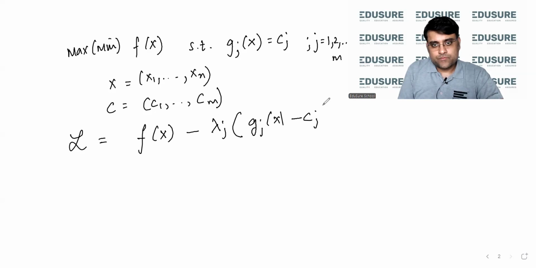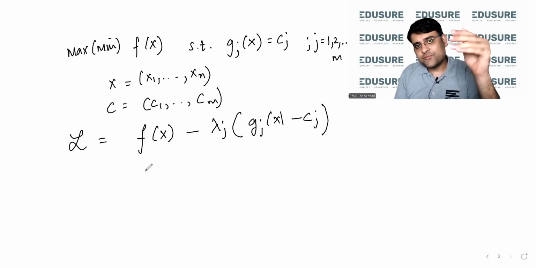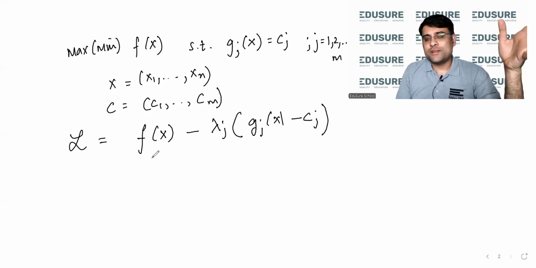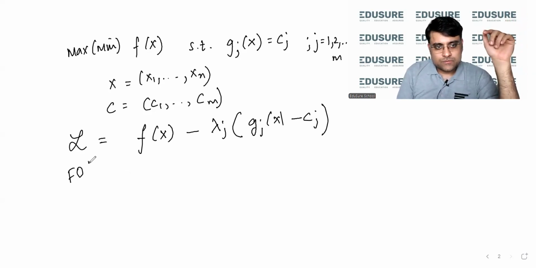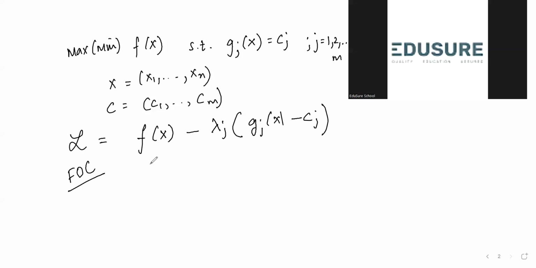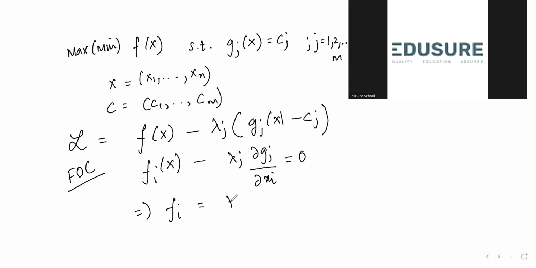(x) minus c_j. Okay. From the Lagrangian of more than two variables, we have already seen that you'll get the result from the first order conditions as, if I differentiate with respect to x_i, minus lambda j, okay, or in other words, what you'll basically get is that f_i is equal to the sum of lambda_j g_j_i.